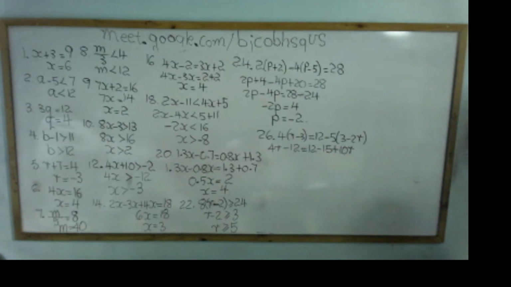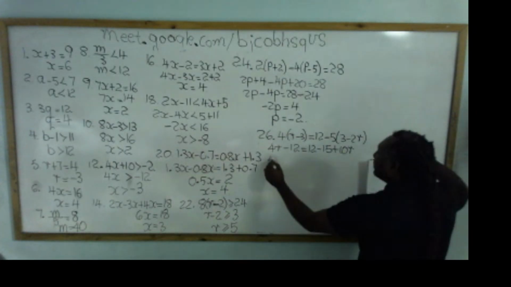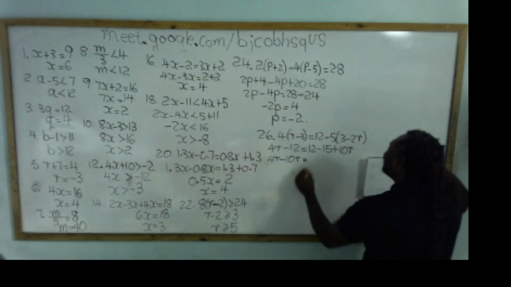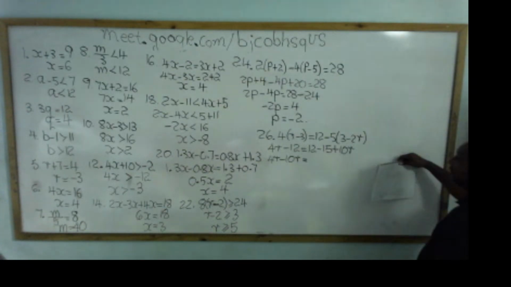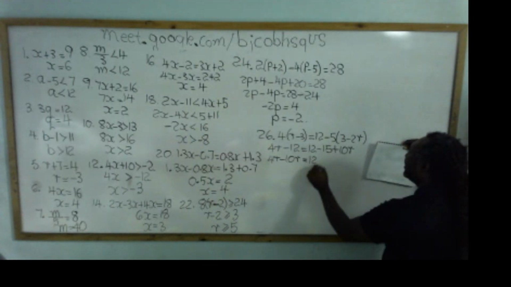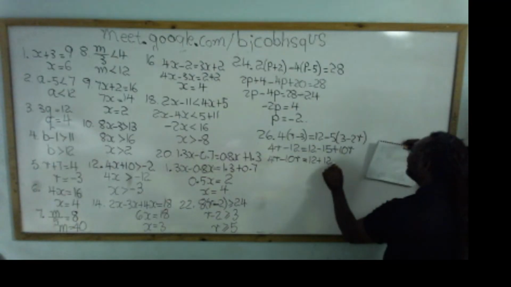What do we have? 4R minus 10R is equal to 12 plus 12 minus 15.